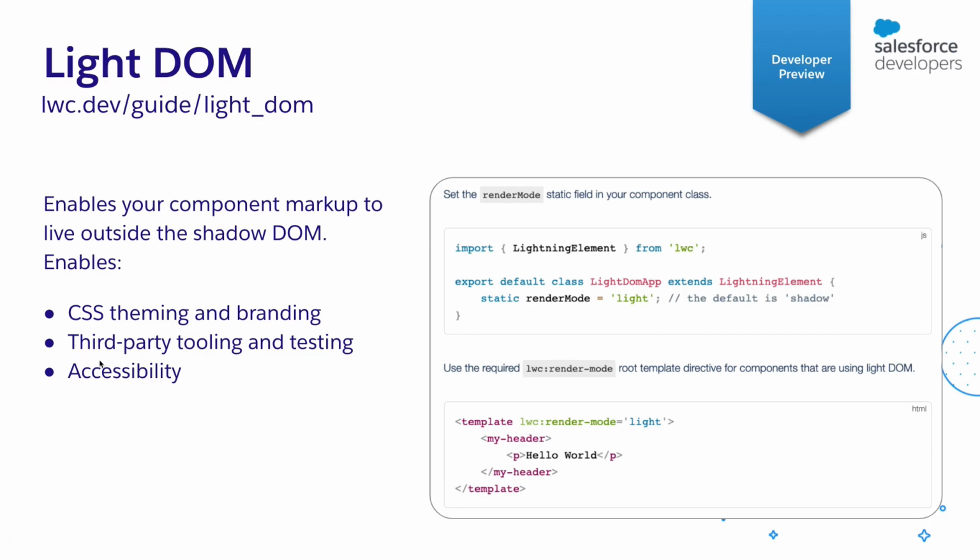And finally, this is going to be helpful also for accessibility. Why? Because some screen readers are not able to work well with shadow DOM when shadow DOM is on, and those screen readers are going to be able to read the DOM properties correctly when we activate this feature, Light DOM. As I told you, this is in Developer Preview.